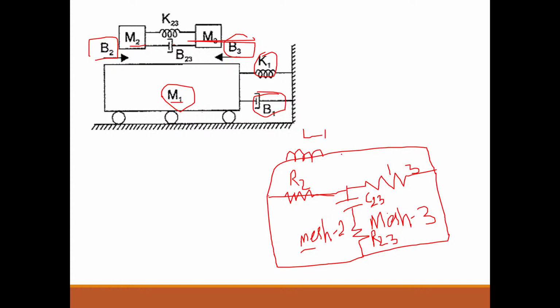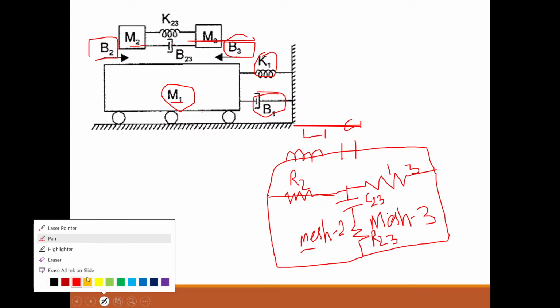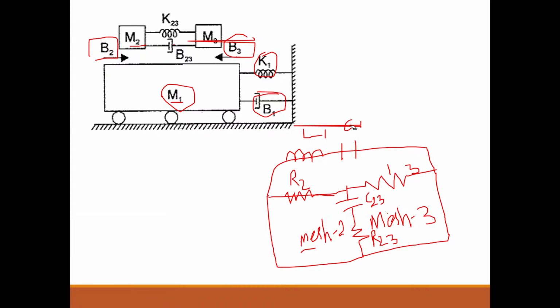After L1, what is K1? 1 by C1. 1 by C1 means the capacitor should be in series with the other elements. So C1. Okay, I'll just connect these elements.